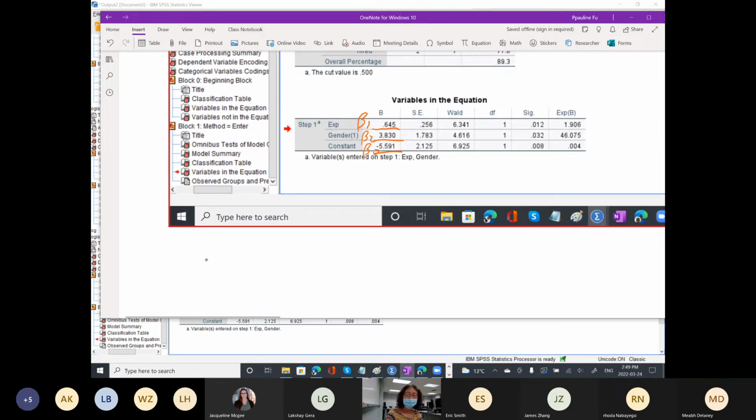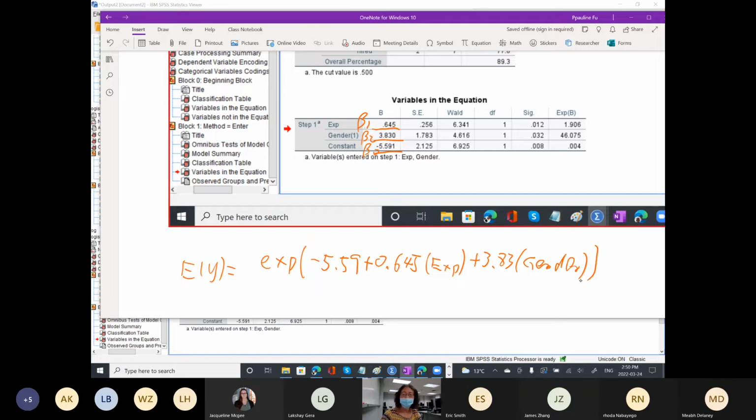So the equation is EY equal to EXP of beta 0 plus beta 1 X1, beta 1 corresponding to experience, plus 3.83 times gender, over 1 plus EXP of the same.